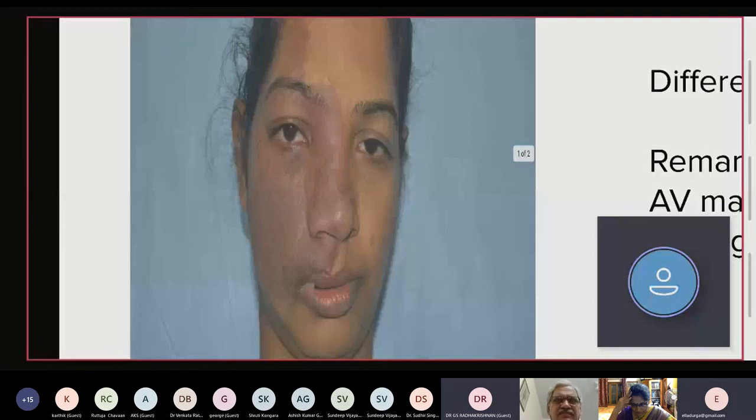Oxyhemoglobin and deoxyhemoglobin absorb this light and release heat, which blocks the capillaries, so they shrink. You need not wait for 6 weeks. You can do the second sitting in 3 to 4 weeks. We do it after 1 month.